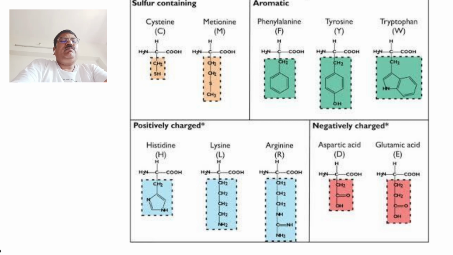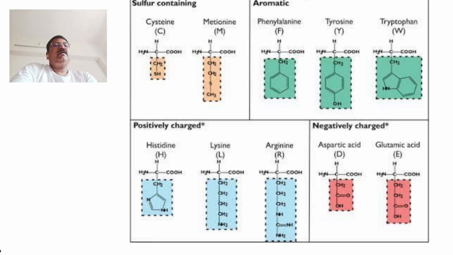In polar alpha amino acids, there are also negatively charged alpha amino acids, that is aspartic acid, with an acid group as the R group, and glutamic acid also containing a carboxylic acid group as the R group. These are negatively charged.